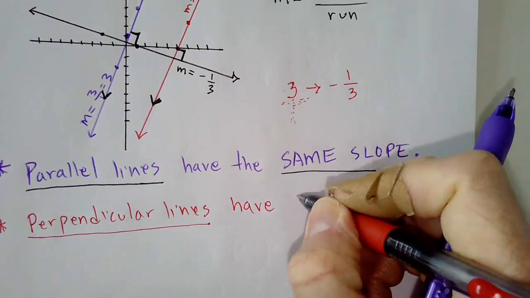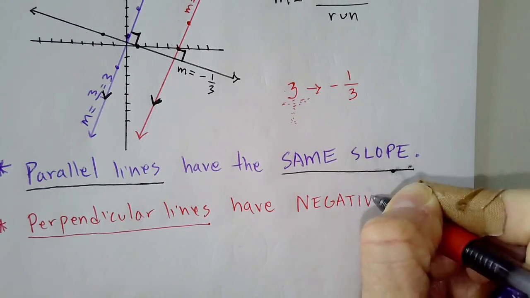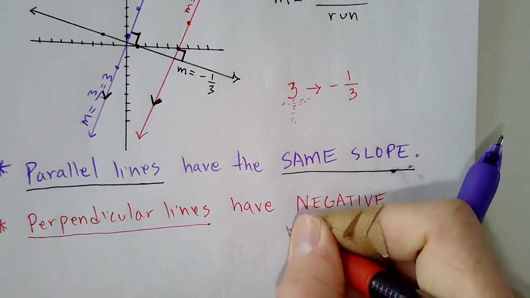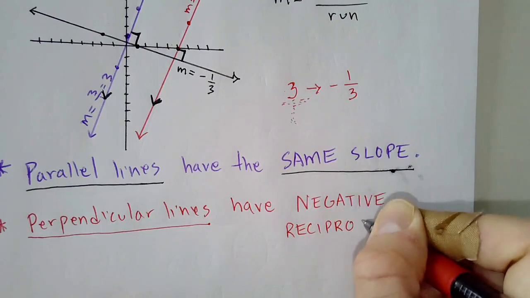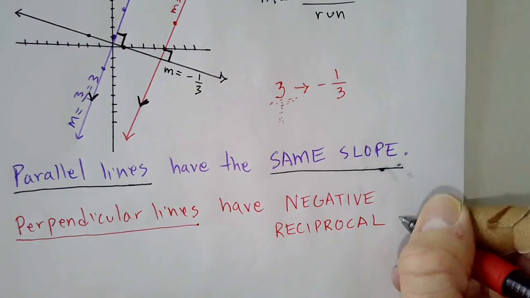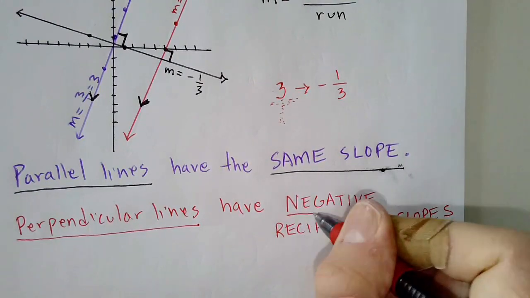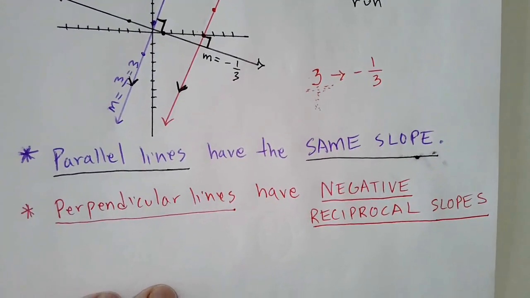Okay? So we call these negative reciprocal slopes. Negative reciprocal slopes. And that's the second big learning point of the day that we need to take.